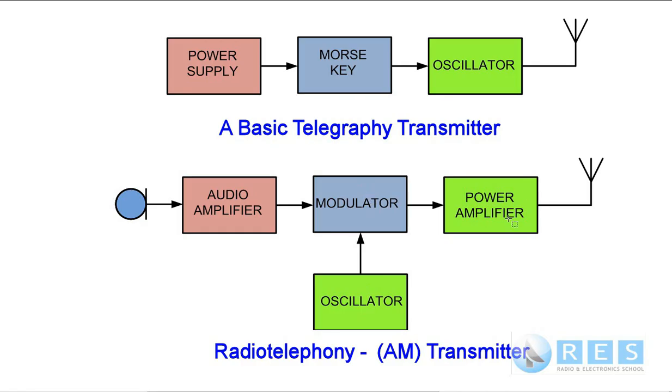The only function of the power amplifier is to lift the power of the output of the modulator to a few watts or 100 watts or whatever we need before we go into the antenna. So that's just an amplifier. They're the block diagrams that you need to know for your foundation assessment in respect of radio transmitters.